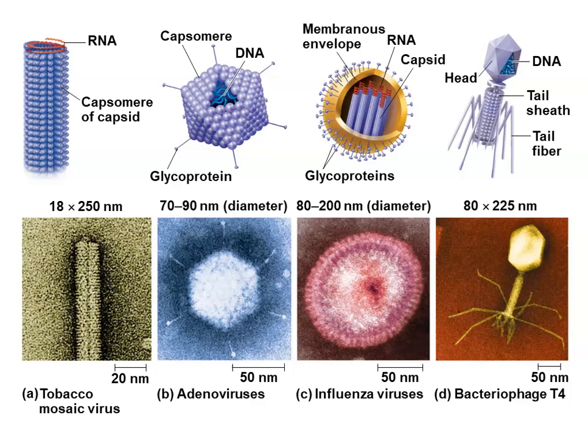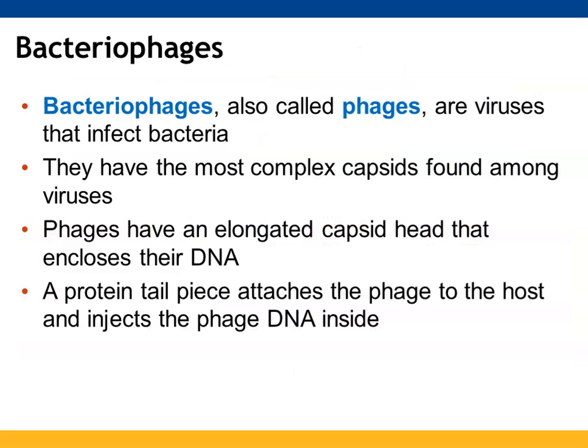And then you have the robot T4 bacteriophage that's got the capsid head. So you have all sorts of shapes, and when you see those glycoproteins on the outside of the surface of either the capsid or the membranous envelope, those are ways to help the virus find a way into living cells to be able to infect it.